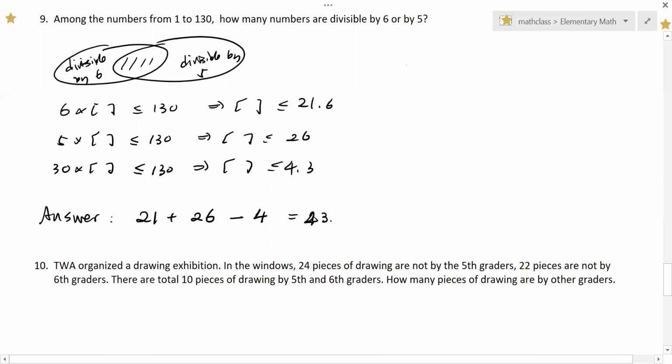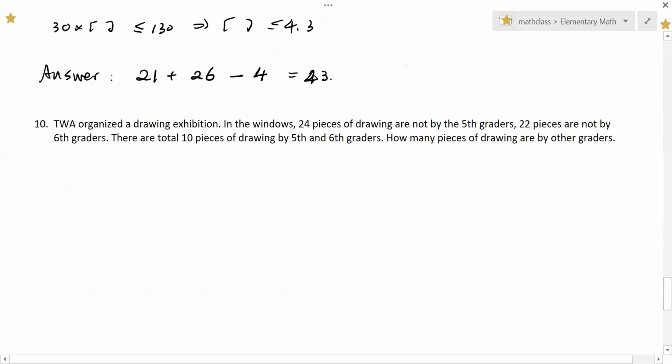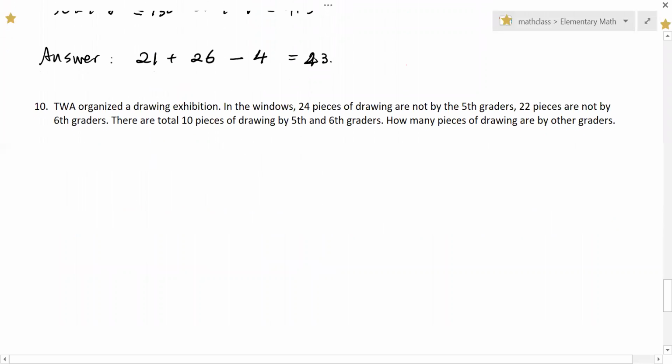Okay. All right, so let's do the next problem. Organize a drawing exhibition in the windows. 24 pieces of drawing are not by the fifth graders. 22 pieces are not by sixth graders.